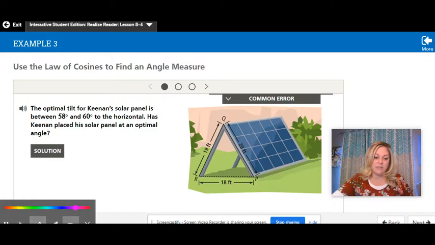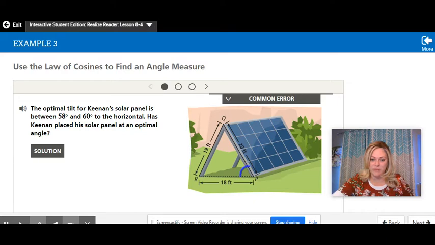So I'm going to mark this up a little bit. And I'm going to say that this angle over here is what we're looking for. To be honest, it could be angle P or R. It doesn't really matter. But if this is the angle we're looking for, this is our x.